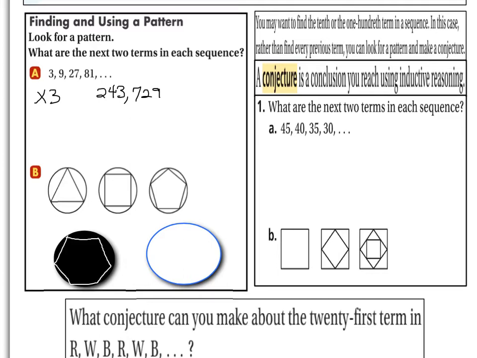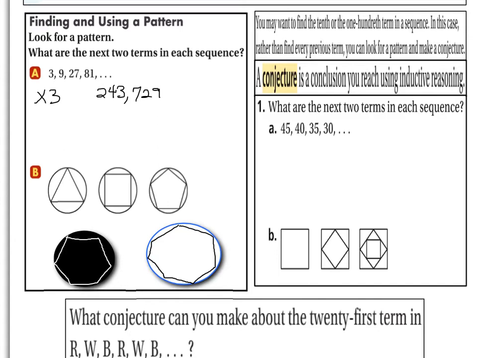There's 1, 2, 3, 4, 5, 6, 7. That's not the greatest drawing, but you can tell there are 7 sides on that figure. The next one would be 8, the next one would be 9, and so forth.